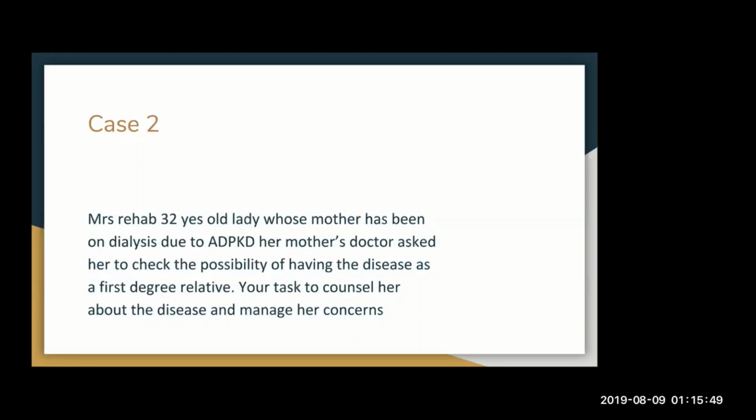Fortunately, there are now some new drugs that prove to delay the progression of polycystic kidney. They don't prevent the disease completely, but if used in early stage, they can delay the progression of the disease.